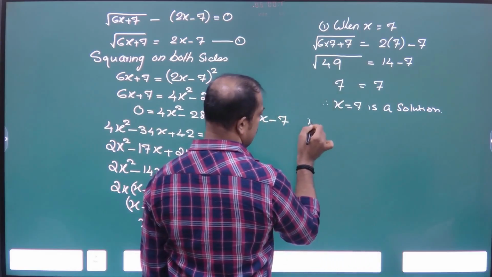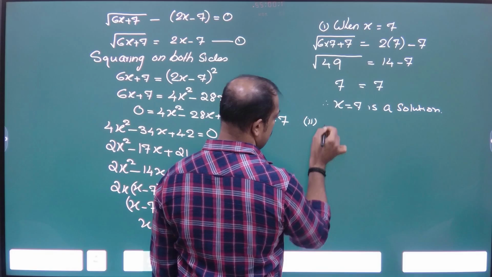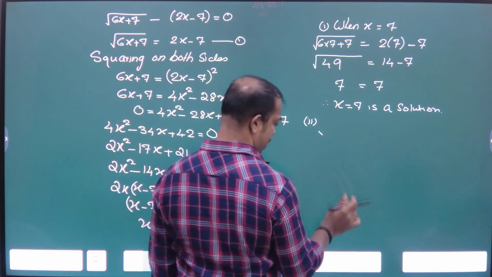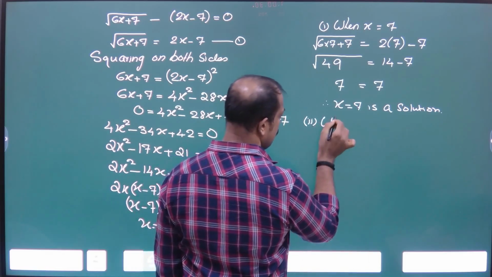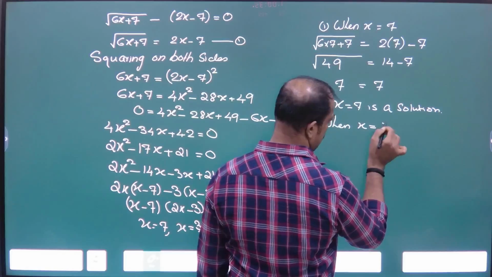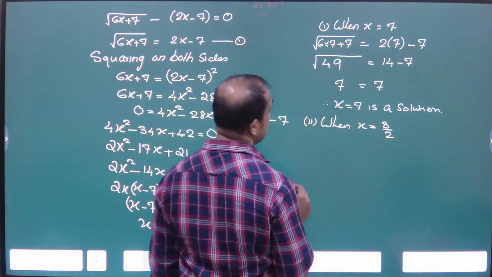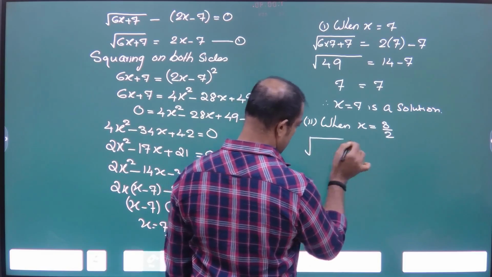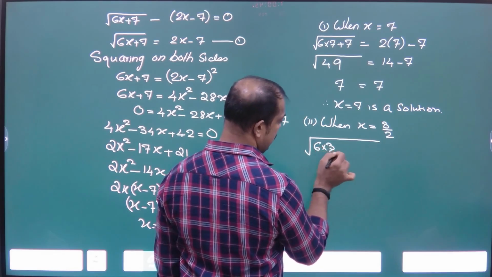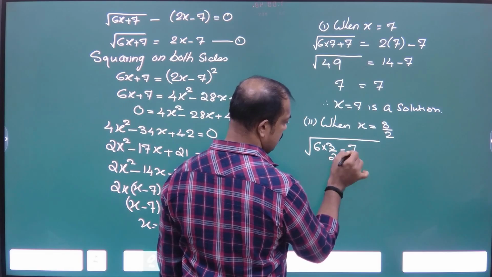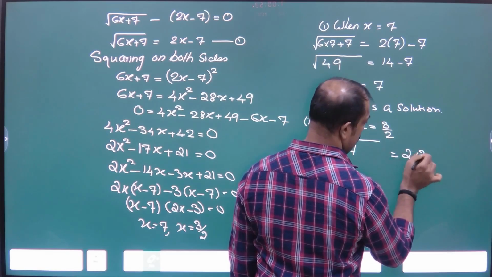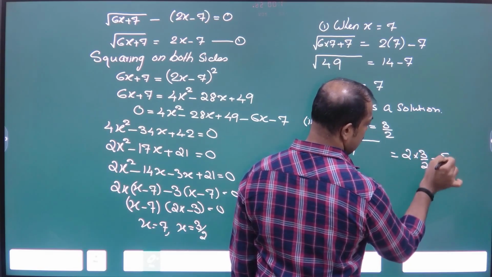Next, second part, when x is equal to 3/2, so under root 6 into 3/2 plus 7 is equal to 2 into 3/2 minus 7.